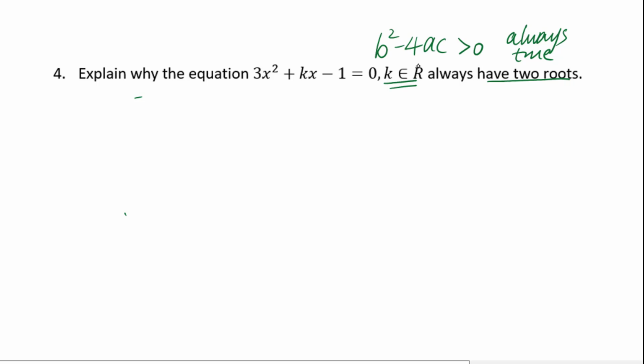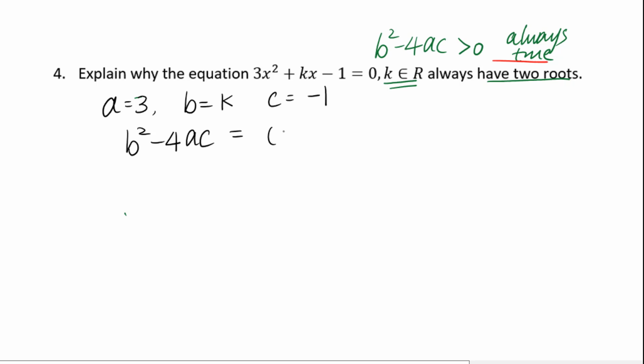For this equation, a equals 3, b equals k, c equals negative 1. Then the discriminant b squared minus 4ac equals k squared minus 4 times 3 times negative 1, which is k squared plus 12.